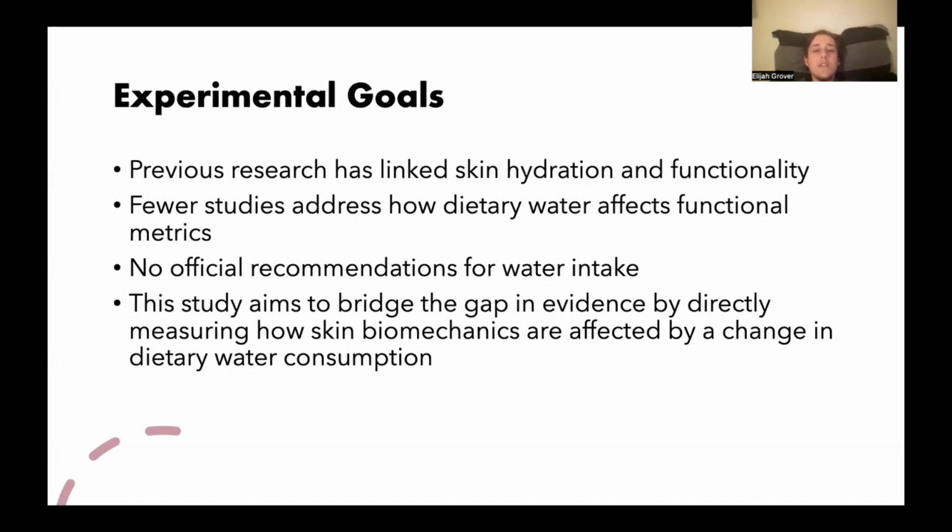And partially due to this lack of evidence, we don't have any official recommendations for water intake here in the US. So our study aims to help address this gap in evidence, and we'll do this by measuring some of these biomechanics and seeing how they change when we ask the subjects to change their dietary water consumption.